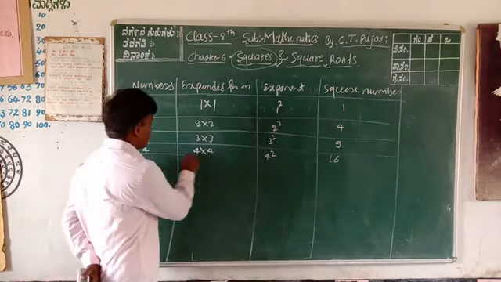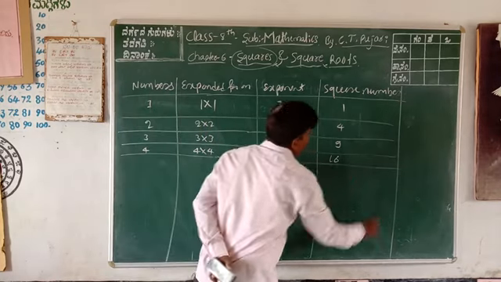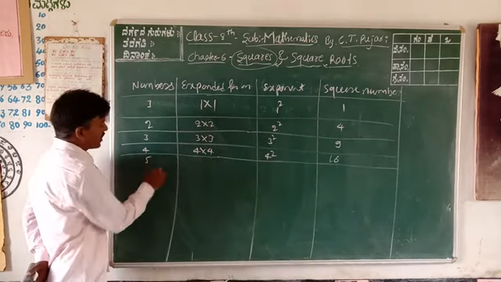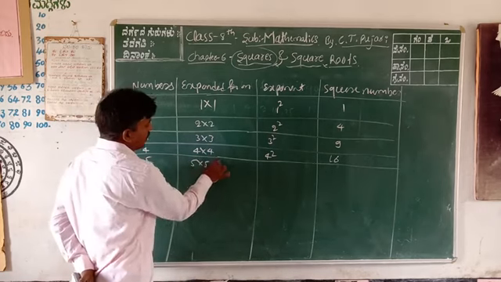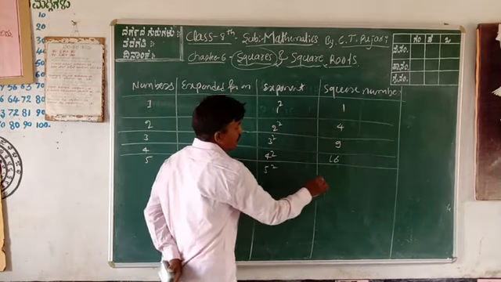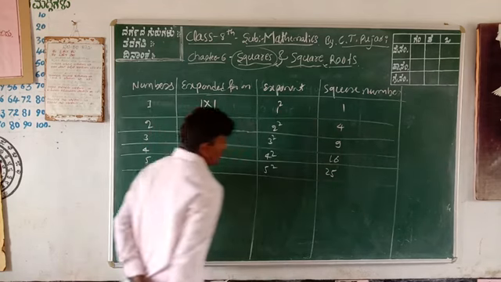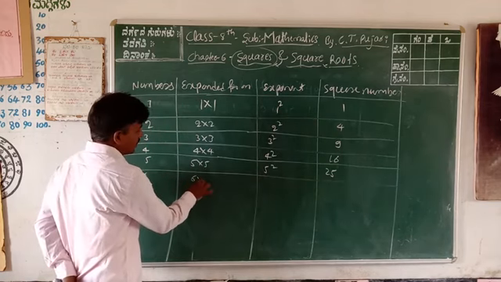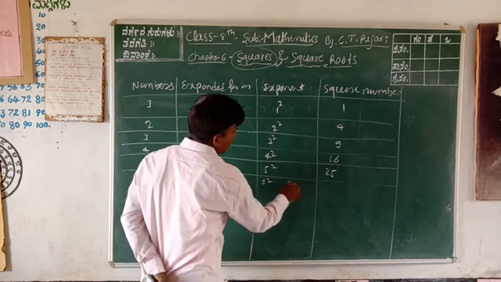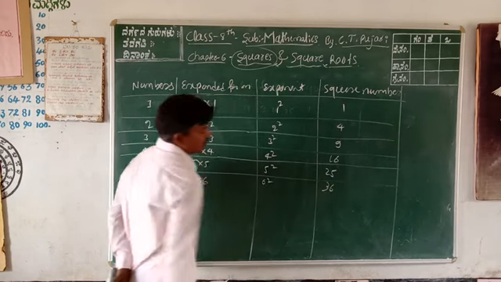Also 5 into 5, that is 5 raised to 2, gives 25. These are all square numbers. And also 6 into 6, 6 squared, gives 36.